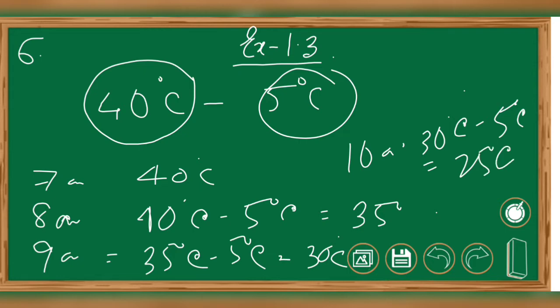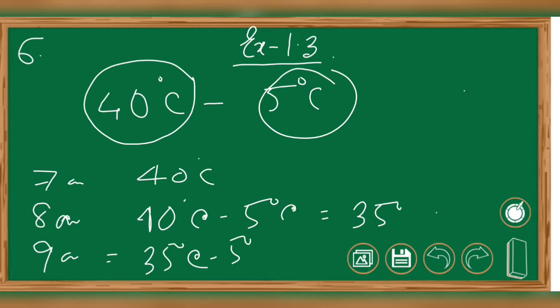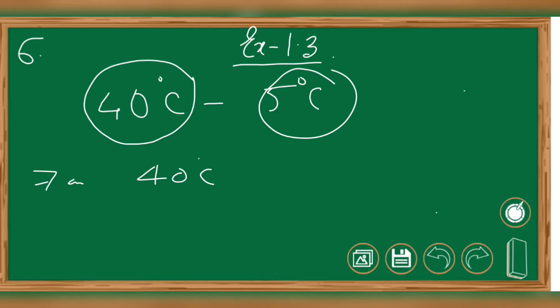Now see, in the question it is written, what will be the room temperature 10 hours after the process begins? Now see how many degrees centigrade will be lowered, that is the question. In 10 hours, how many 5 degrees will be lowered, you have to count it.